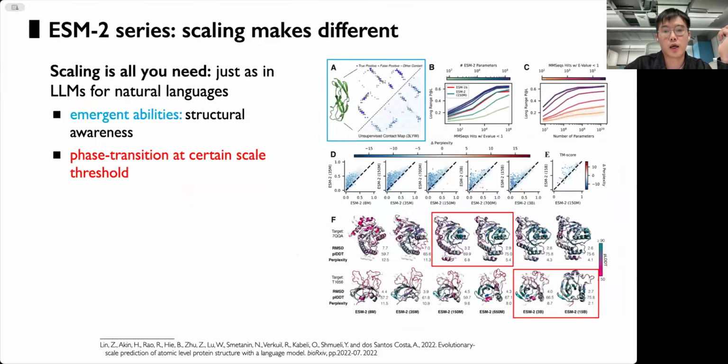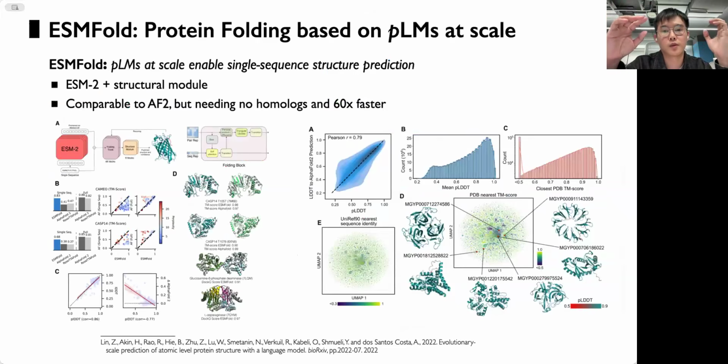And for masked language models, researchers from Meta verified that scaling this kind of language model can make things different. When you scale the model, you can better learn the information, context, or knowledge inside the larger amount of sequence data, and you can use this learned pre-trained protein language model to do single sequence structure prediction.